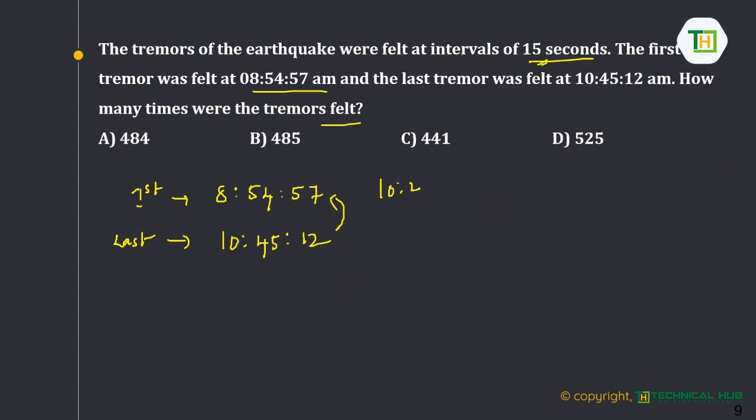So 10 hours 45 minutes 12 seconds, and 8 hours 54 minutes 57 seconds. See, these are 10 and 8 hours, 45 and 54 minutes, and 12 and 57 seconds. Here 12 is the smaller number, so you have to convert the 12 into more than 57.